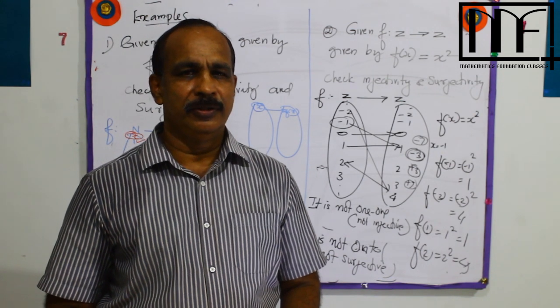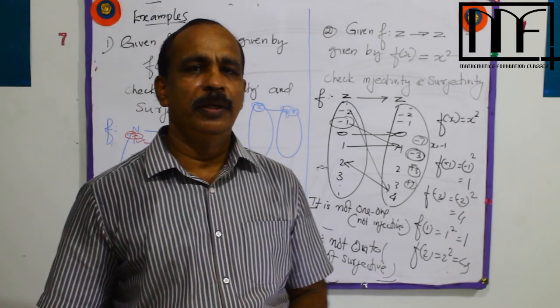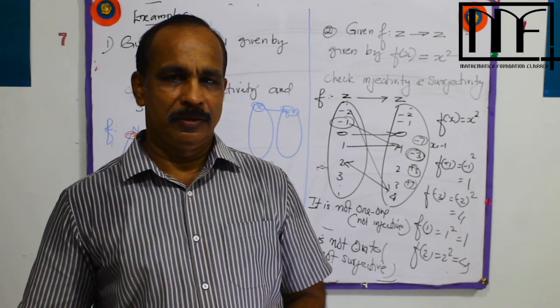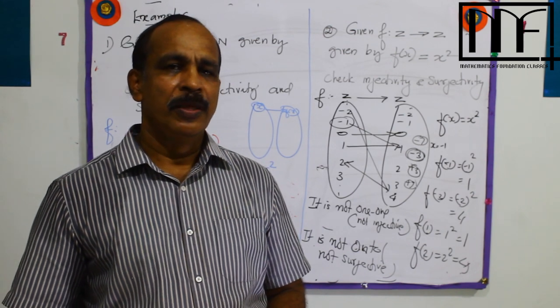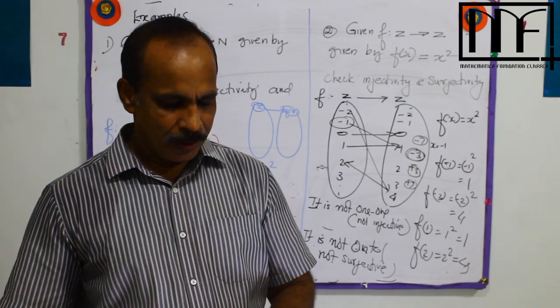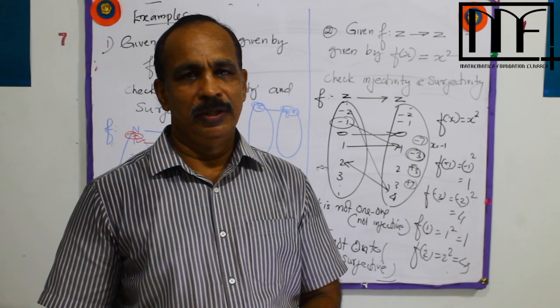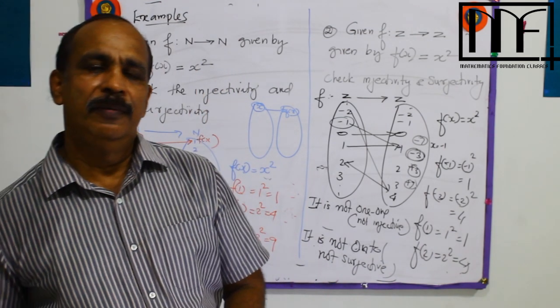A surjective function is a function such that all the elements of the set Y, the codomain, are images of some elements of X. If it is not surjective, it is an into function. And if a function is both onto and one-one, we call it a bijective function. These are the portions we studied today.